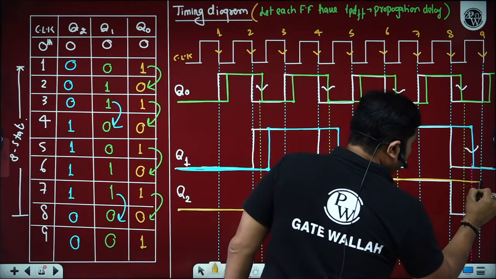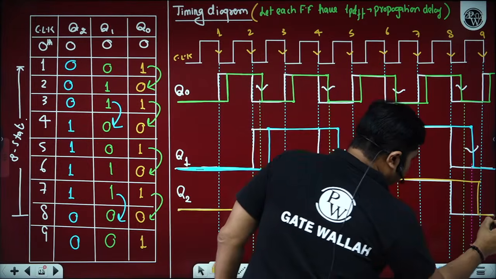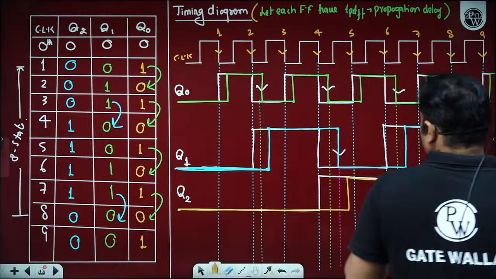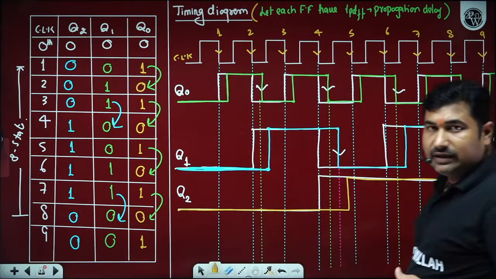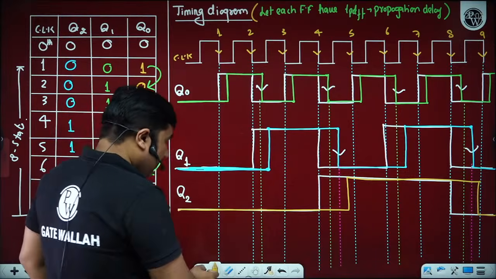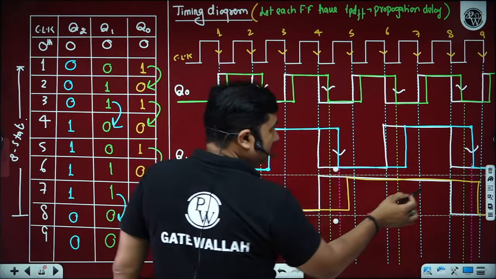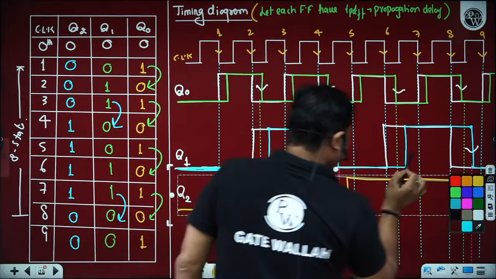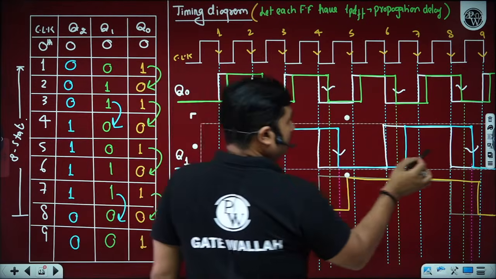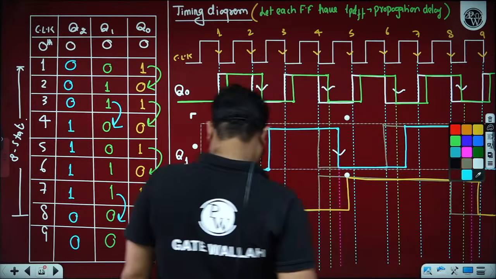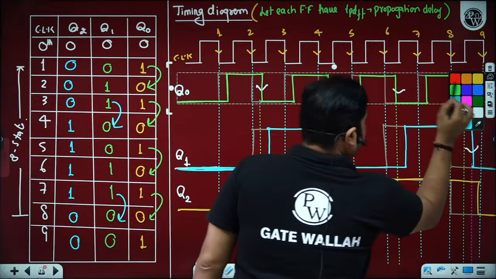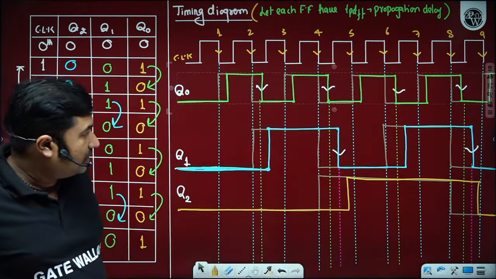How many of you now able to understand? Because of the propagation delay, we are getting this timing diagram. I am just making the white line with a lighter background so that confusion further reduces.